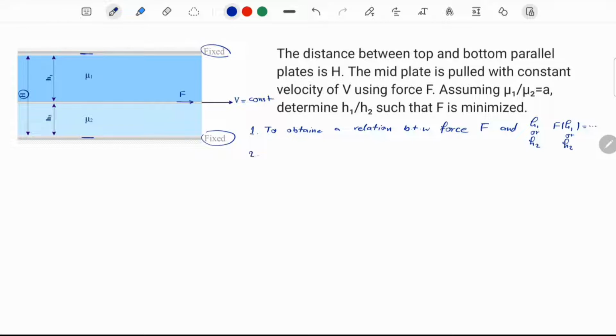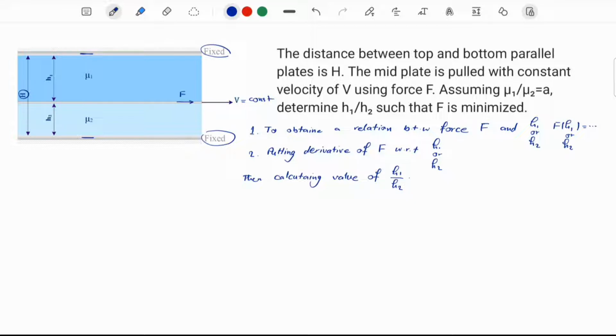The second step is putting the derivative of F with respect to h1 or h2 equal to zero, then calculating the value of h1 or h2. Okay, this is the process for solving this problem.